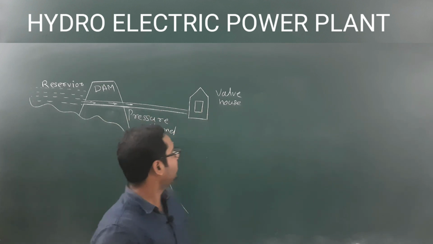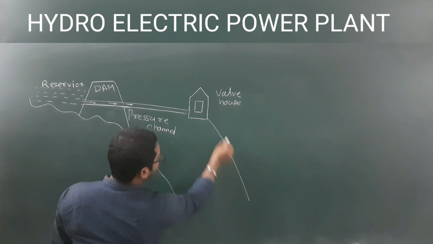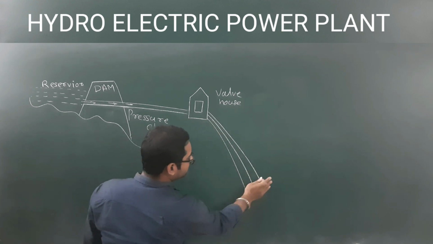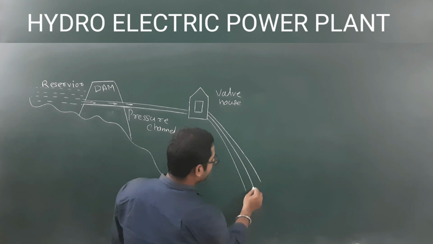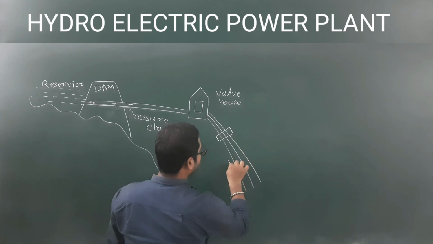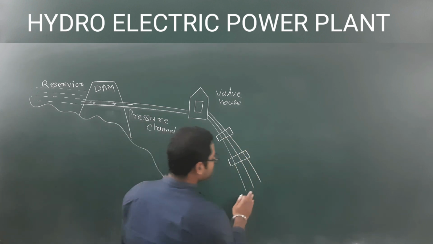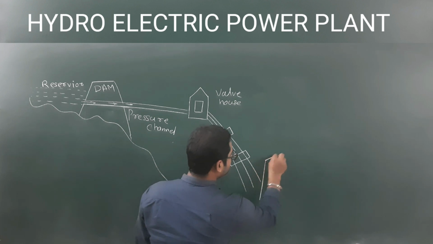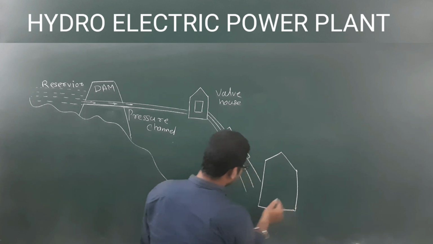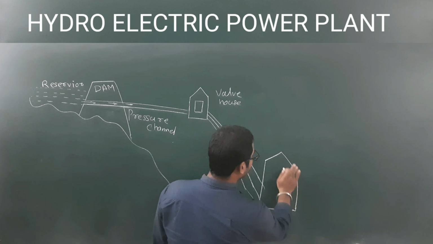Then from the valve house, there are a number of conduits, meaning pipelines, a number of conductors. These conductors are placed upon the earthen structure and connected to your powerhouse.